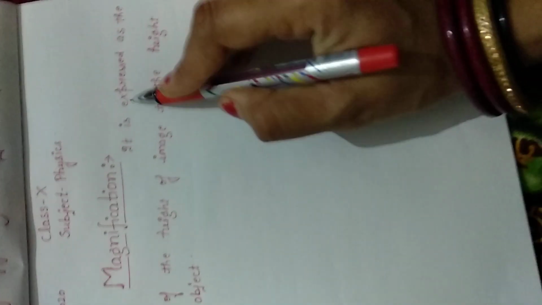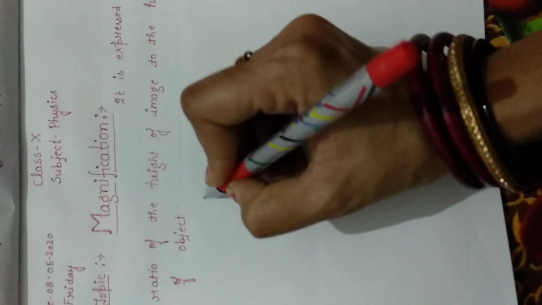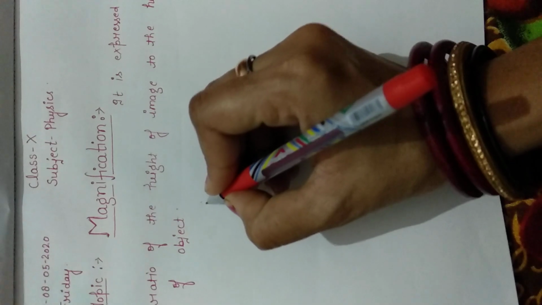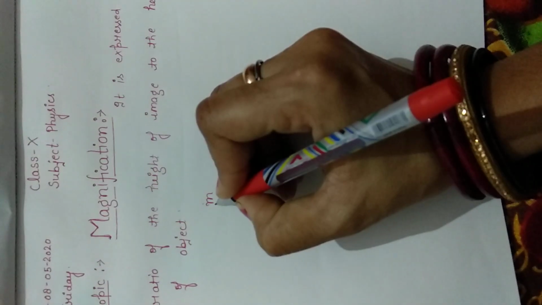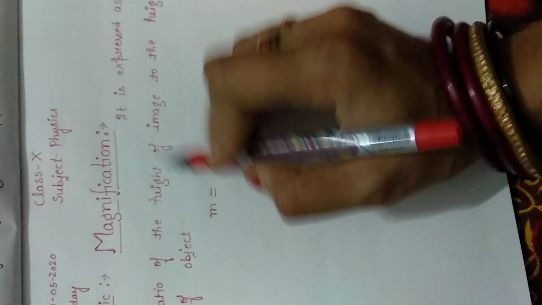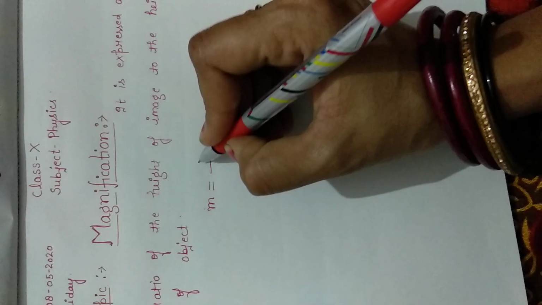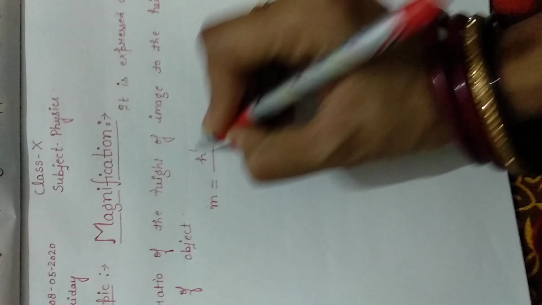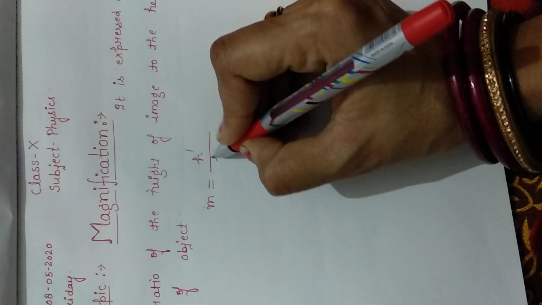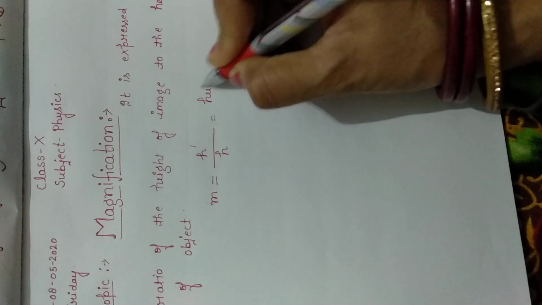So we have written that it is expressed as the ratio of the height of image to the height of object. That means magnification, if it is expressed by m, can be written as the ratio of the height of image. Suppose h dash is the height of the image and h is the height of the object. What does h dash stand for?